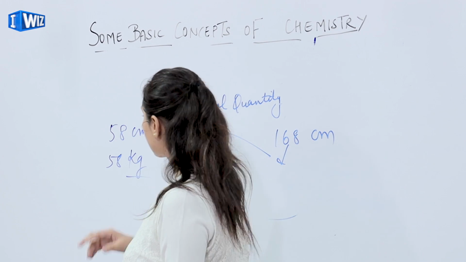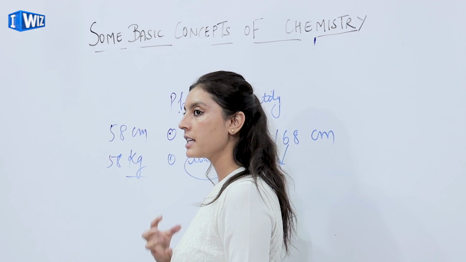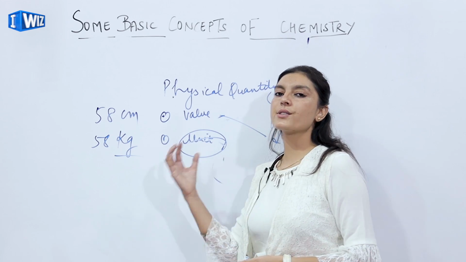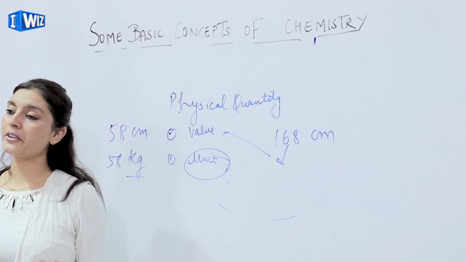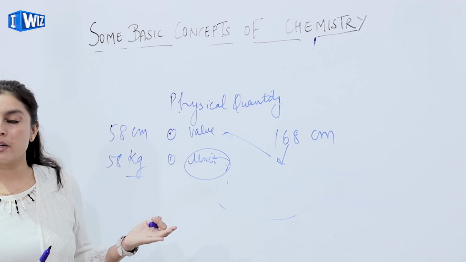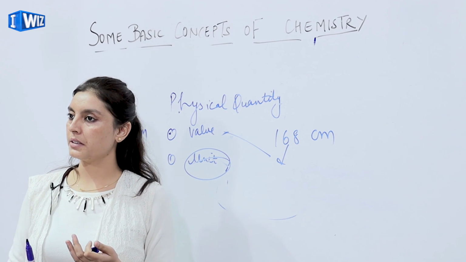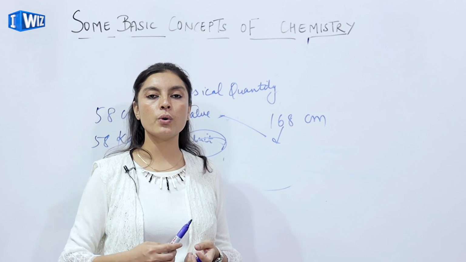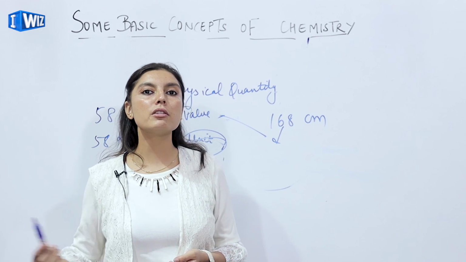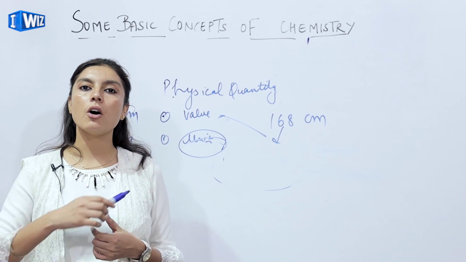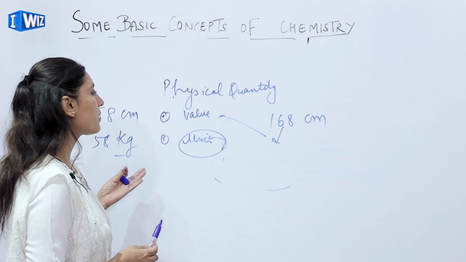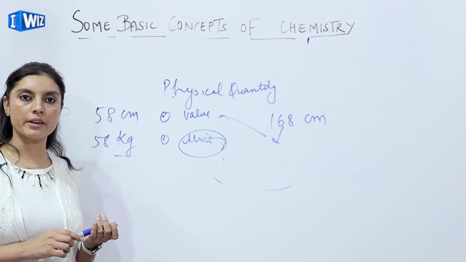That means kg is a standard that has been taken, and this standard is not only used in India, but in different countries as well. So unit is basically a standard that helps us to know the measurement of that particular physical quantity, and these are the standards adopted all over the world for measuring any kind of physical quantity.